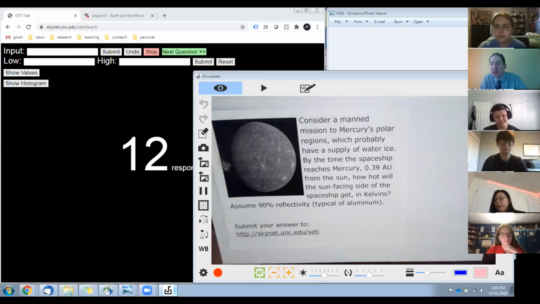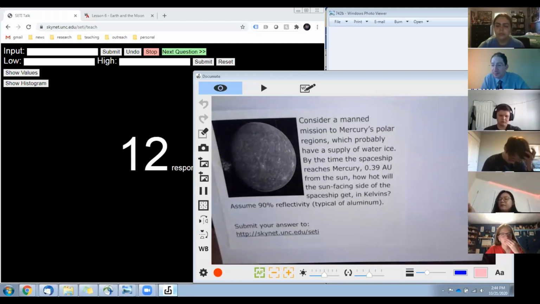Suppose your spaceship is 0.39 AU from the sun, and suppose you're heading straight to Mercury, so pretty much facing the sun the whole time. One side of the spaceship faces the sun, one side faces away. How hot does the sun-facing side get, in kelvins? And you can assume 90% reflectivity in this problem. It's typical of metals such as aluminum, for example.